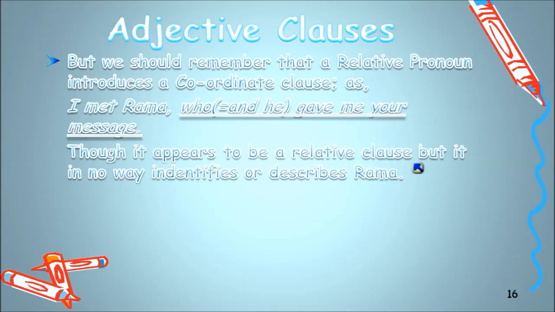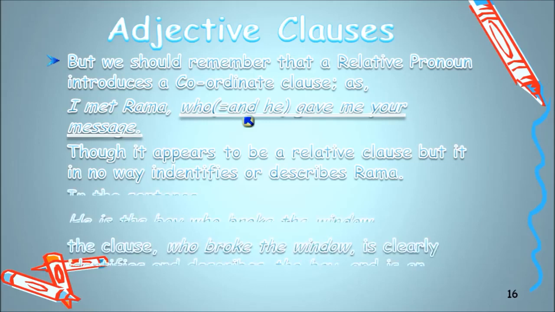Though it appears to be a relative clause, it in no way identifies or describes Rama. How? "I met Rama, who gave me your message." "Who gave me your message" cannot be a description for the noun Rama. Rather, this is a continuation of the story, so it is another principal clause.